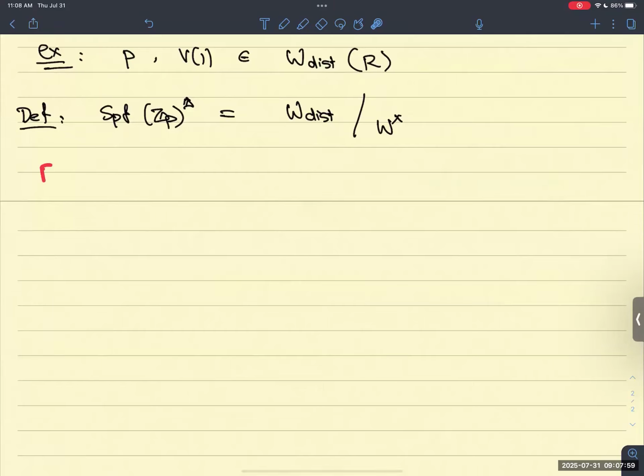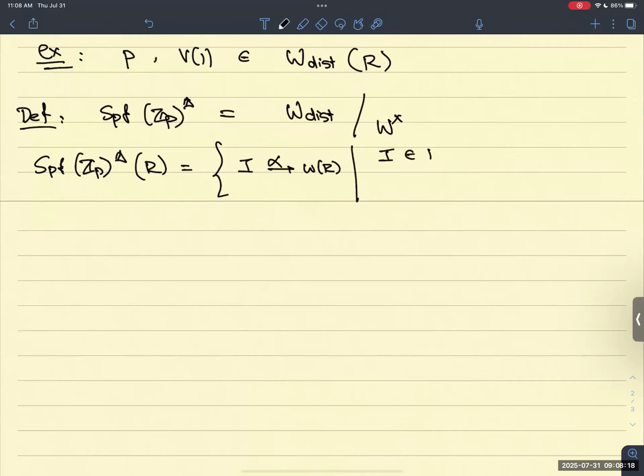So what are the R-valued points of the stack? They correspond to two pieces of data. So Spf Z_p prism of R corresponds to a datum like this, where this I is an invertible module over W of R, and alpha is a W of R linear map.